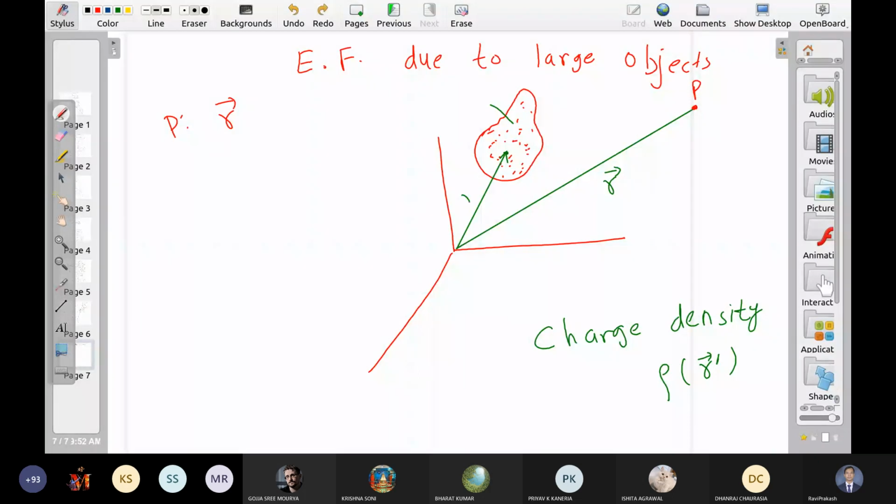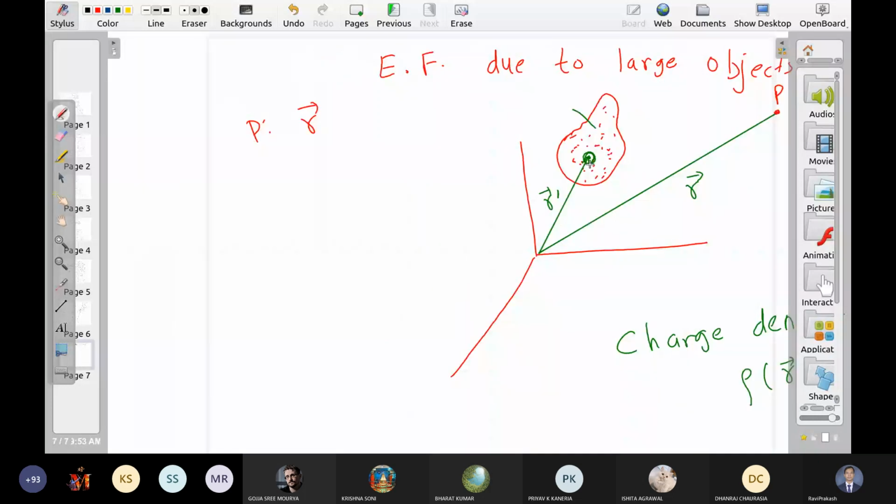So there is a small volume here, and the position of that small volume is r prime. What is the electric field at this point P due to this whole body? How will you write it? So the electric field due to this small volume element will be: vector E is equal to 1/4 pi epsilon naught.